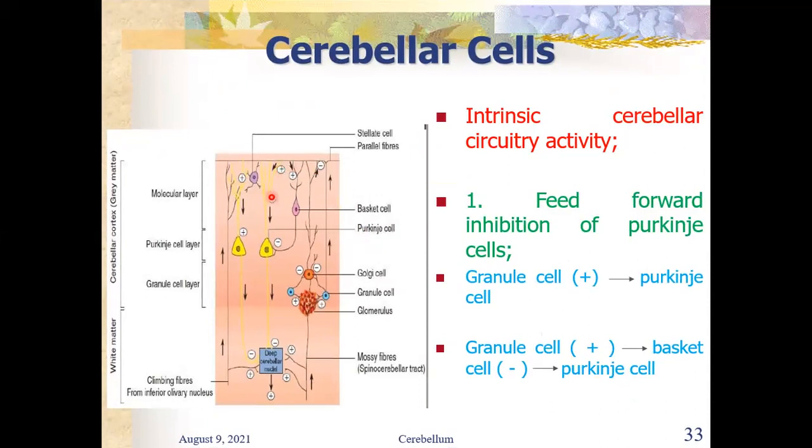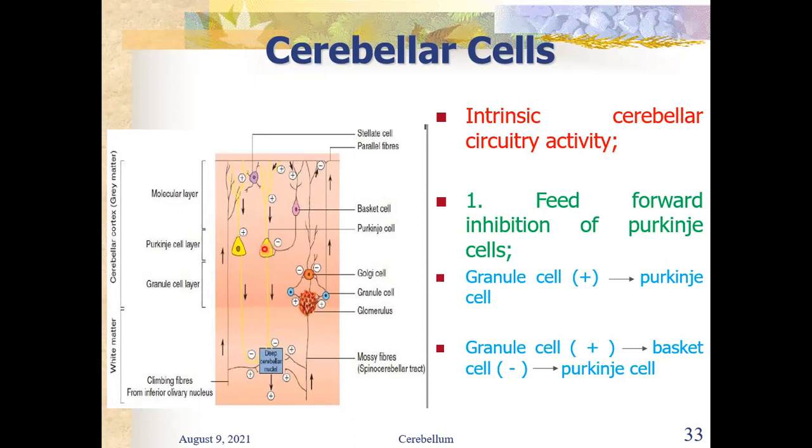It's a positive connection there. Then we also have the granule cells feeding to the basket cells, which is a positive connection. You see now, the granule cell has a positive connection with the basket cell, while the basket cell exhibits a negative connection with the Purkinje cell.